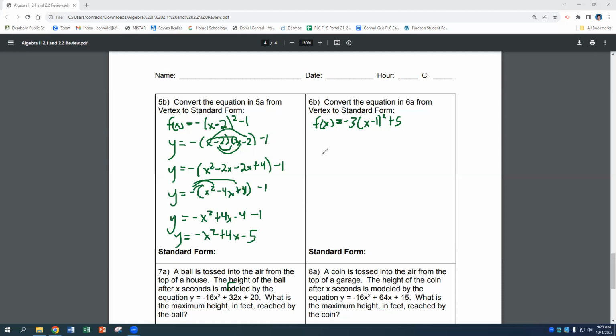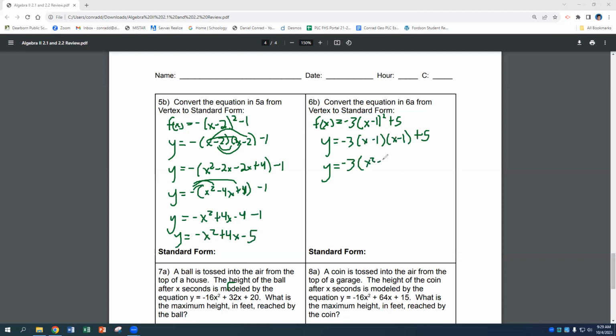Okay, perfect. Okay, next one, gonna have -3 on the outside here, and then I'm gonna do x minus 1 times x minus 1, and then I'm gonna do plus 5 on the outside. So I got a FOIL again, binomial distribution. First, outer, inner, last. First, x times x gives me x squared.